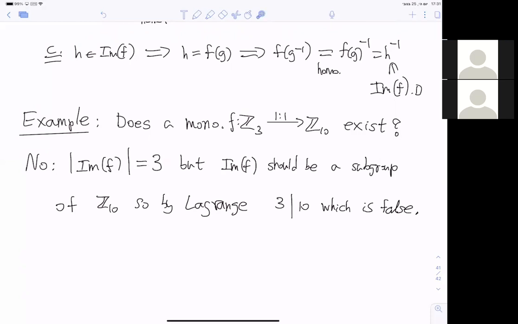So you cannot embed, it's called embedding. You cannot embed Z3 inside Z10. You cannot.